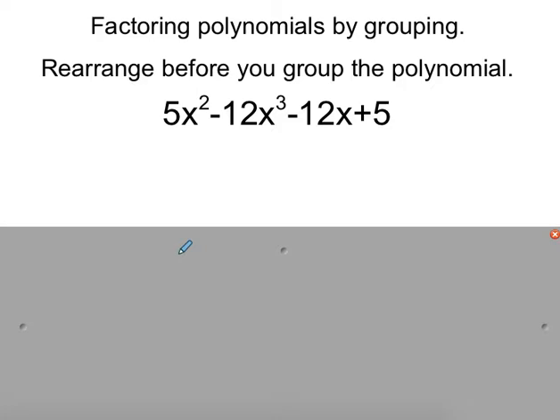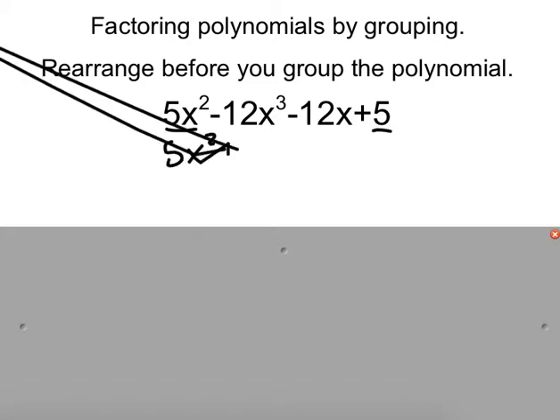So for this first case, I would probably want to group some common factors like 5x squared and 5. So I'm going to write those together first, 5x squared and 5. And then I'm going to group together my minus 12x to the third and my minus 12x, because those have things in common, especially those outside numbers and the variables.